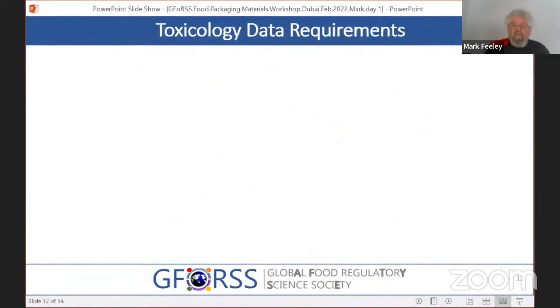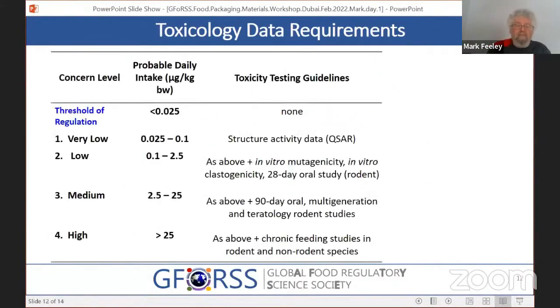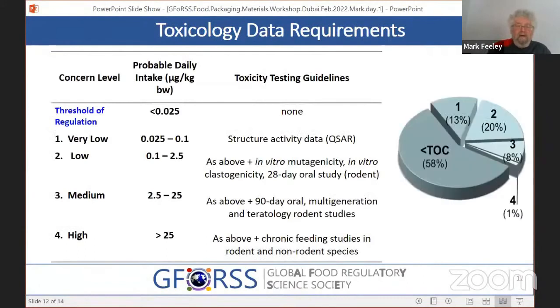So then I think it really comes down to the crux of the issue. You have detected all of these potential migrants from the use of packaging materials, so chemicals that are in the food packaging that could possibly migrate to food and result in exposure from consumption of that food.